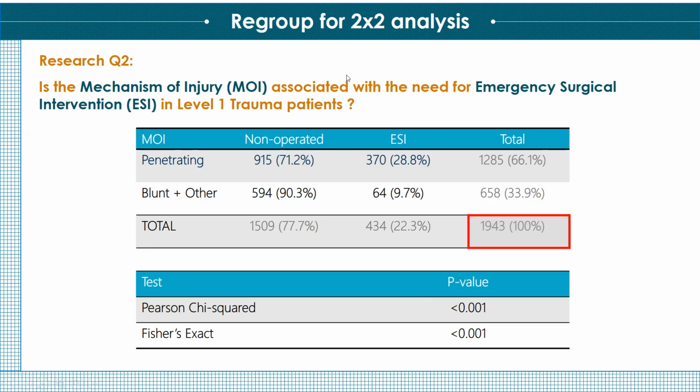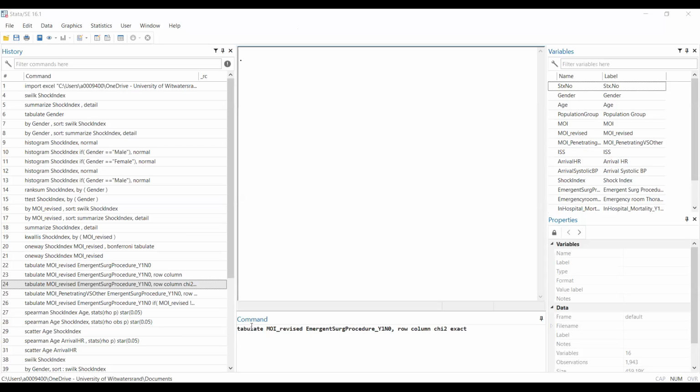Okay, but maybe I can quickly show you how to run this statistic in Stata, so you know where it's come from. So we are tabulating our categorical variables.